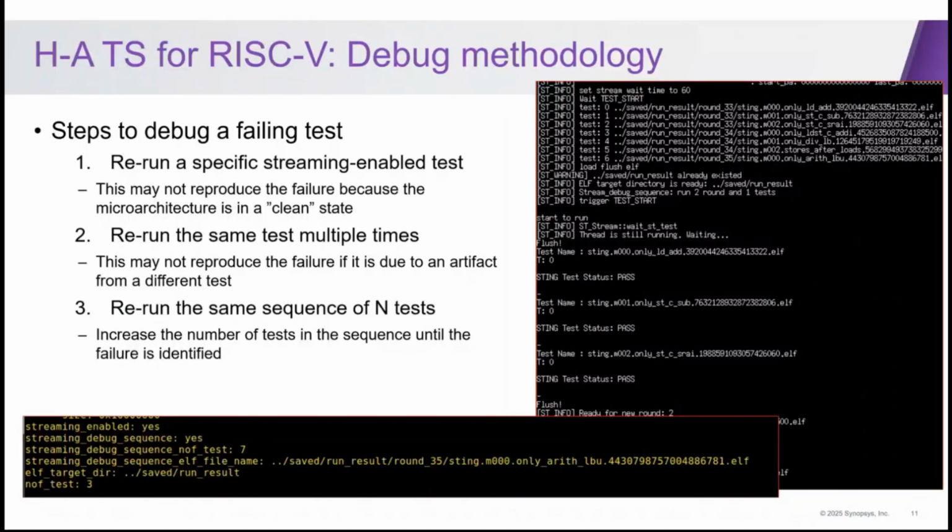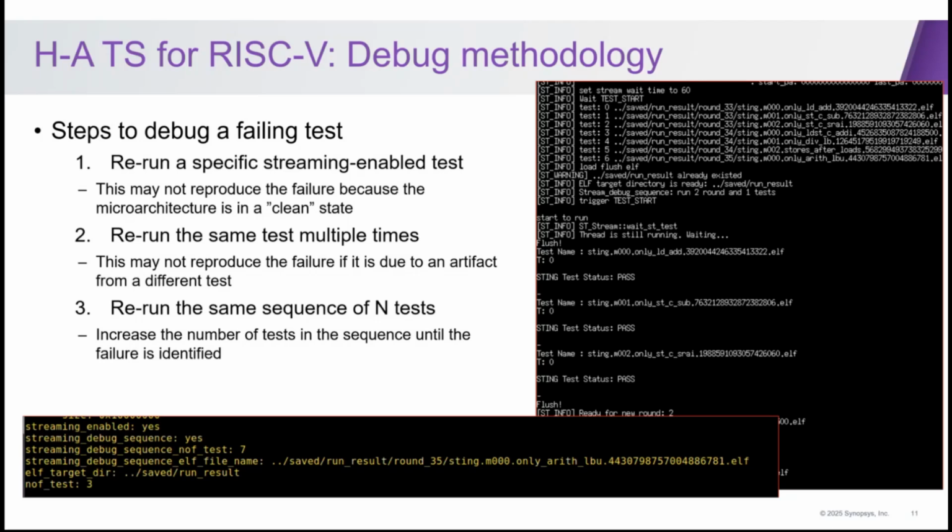If not, the next step is you may want to run this test multiple times. You can specify how many times. There is still a chance you cannot reproduce it, because this failure may be related to the sequence in which you run the tests, right?